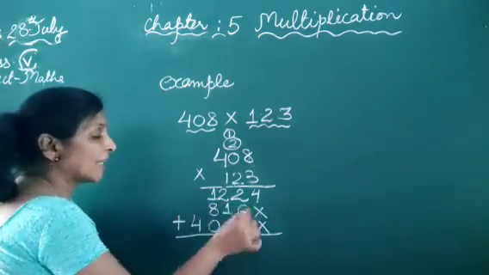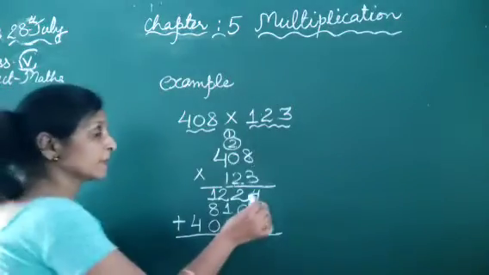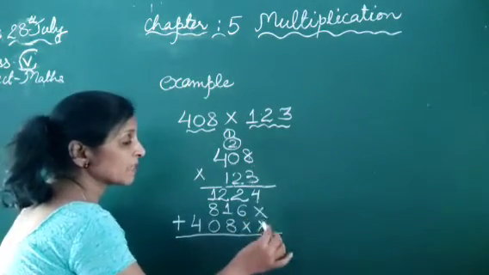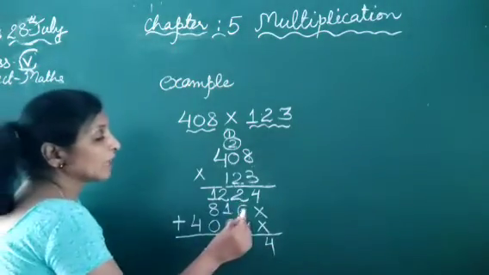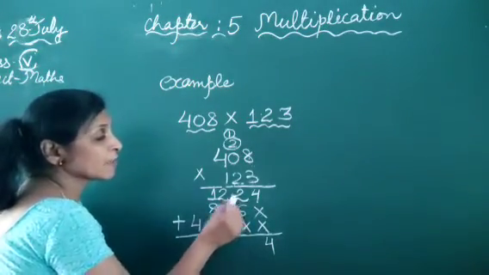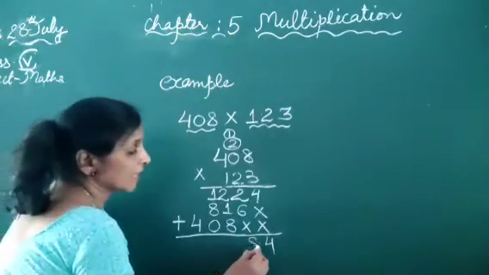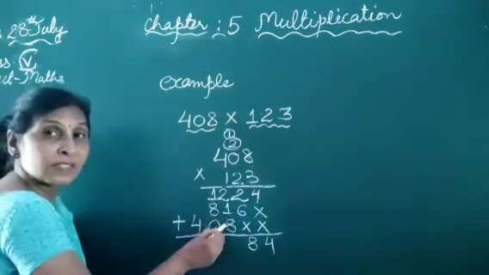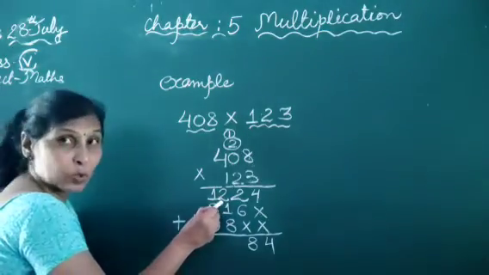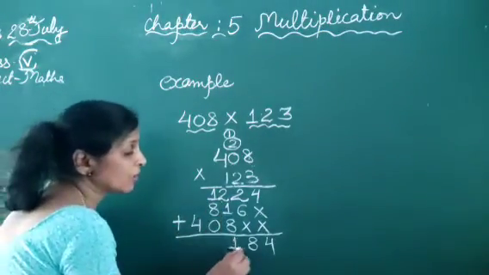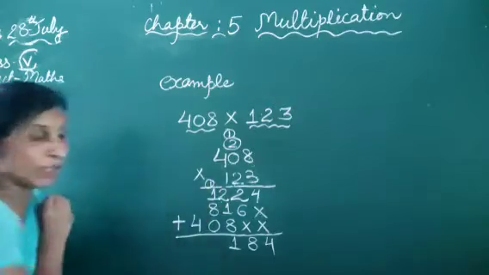Then now we add all the 3 numbers. First, in the 1's place we get 4, so here we write 4. Now in the 10's place, 6 plus 2, that is 8. Now in the 100's place, 8 plus 1, 9, 9 plus 2, 11. We write 1 and put carry 1 over here.